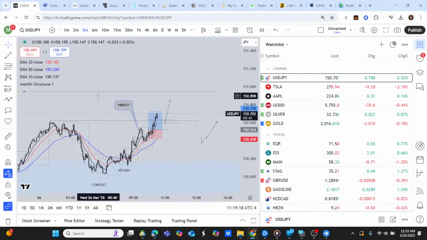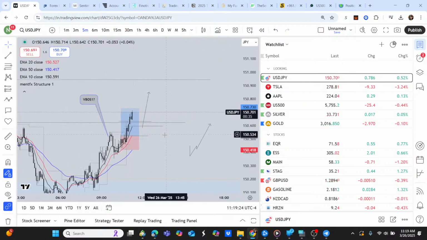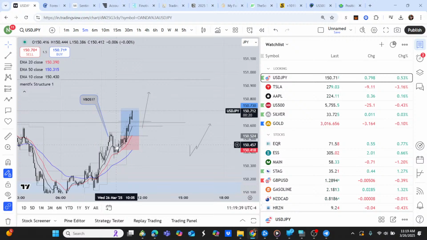Just make sure you're very picky with the types of setups that you're taking, because you want to make sure your losing streak isn't too long and the actual price is getting to your target. Because the RR doesn't matter if price doesn't get to your target at all. Even if you're a one-to-one trader, it doesn't mean you're going to be more profitable if the system you're trading most of the time is not even going to get to that one-to-one.